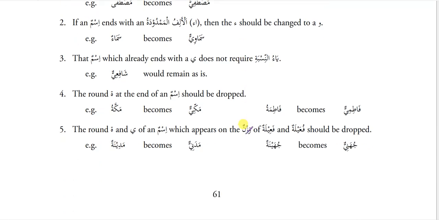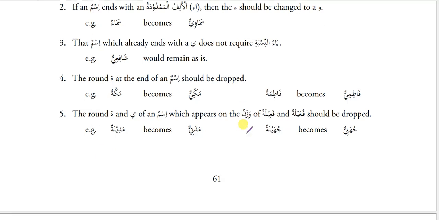Now the second rule is that if an ism ends with an alif mamduda, that is alif and hamza, then the hamza should be changed to waw. So sama'un becomes samawiyun.